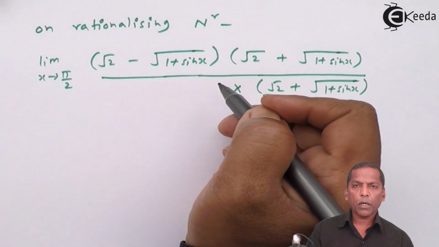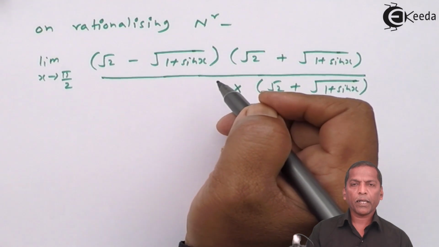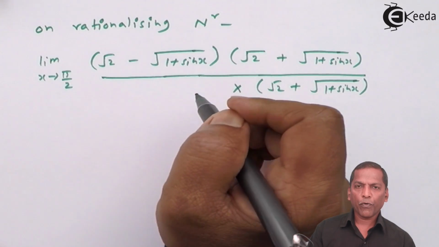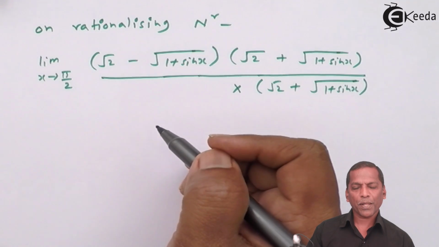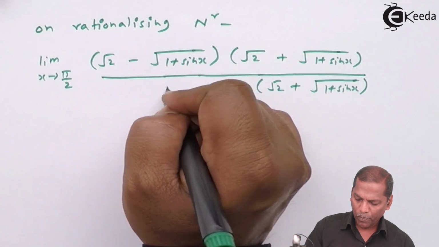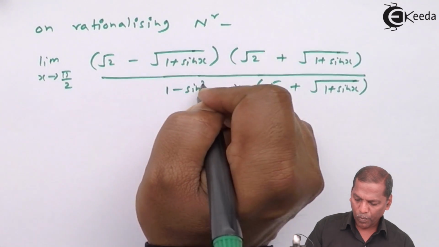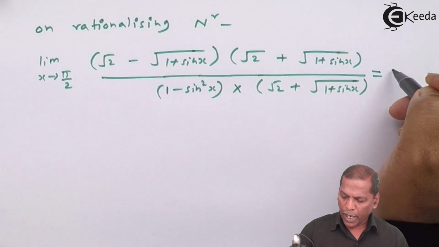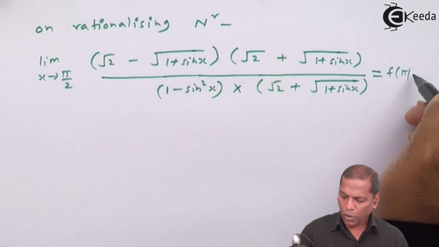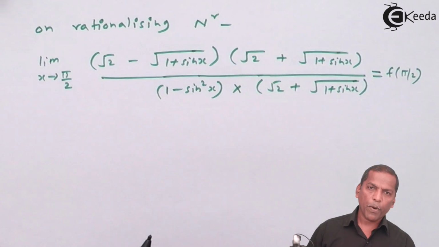By using the trigonometric identity sin square plus cos square equal to 1, cos square x can be written as 1 minus sin square x. And the entire thing is equal to f of pi by 2.